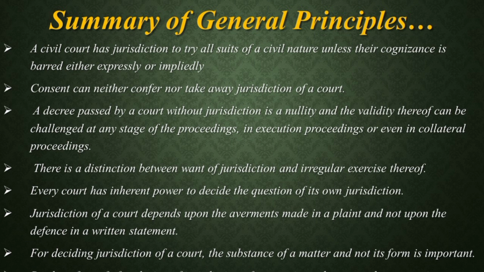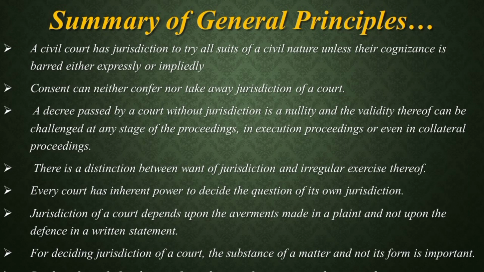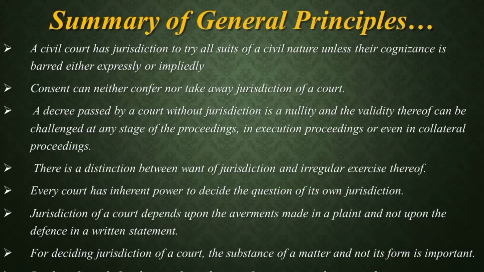And fourth principle is that there is a distinction between lack of jurisdiction and irregular exercise of jurisdiction. Another principle is that every court has inherent power to decide the question of its own jurisdiction. And sixth principle regarding this jurisdiction of civil court is that jurisdiction of a court depends upon averments made in a plaint, and not upon the defense made in a written statement.